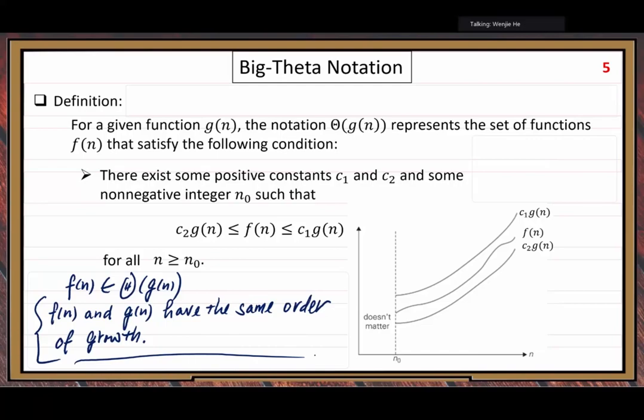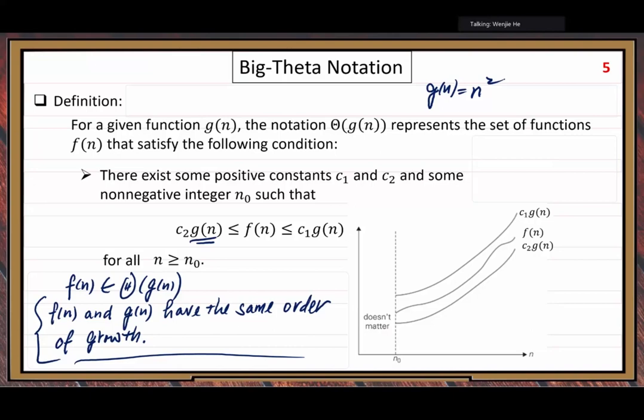We use the g function to define a category. For example, let's say the g function equals n squared.